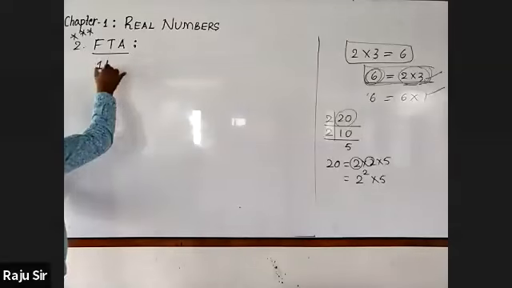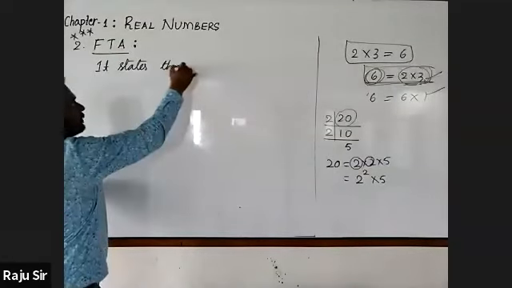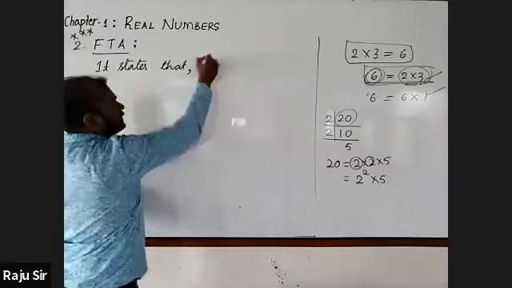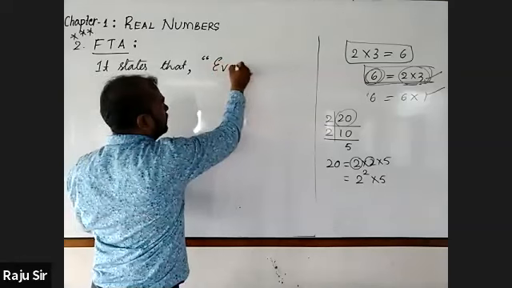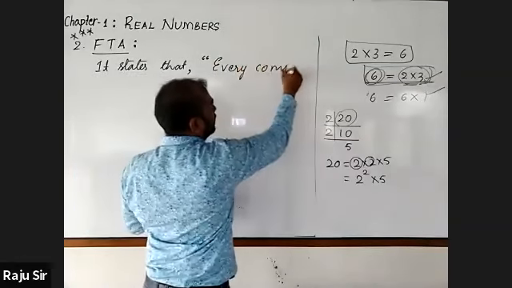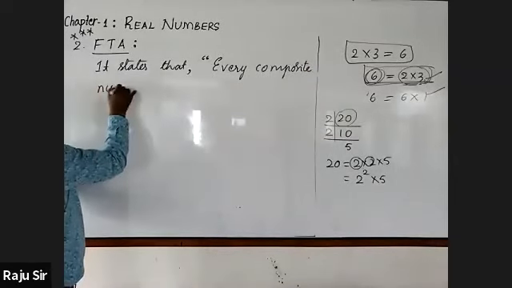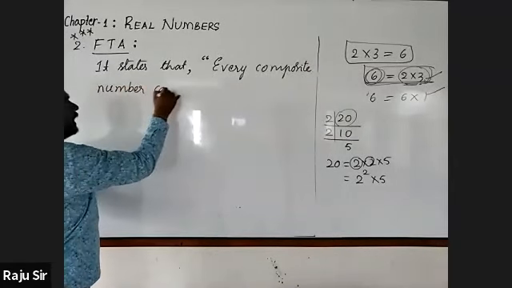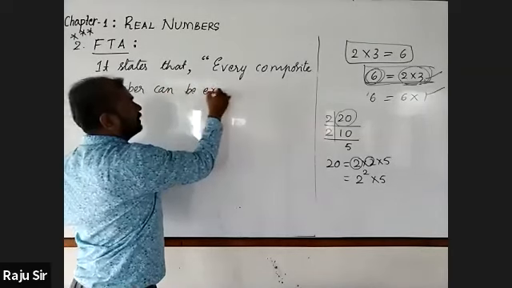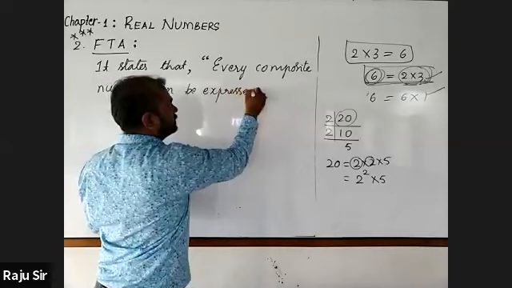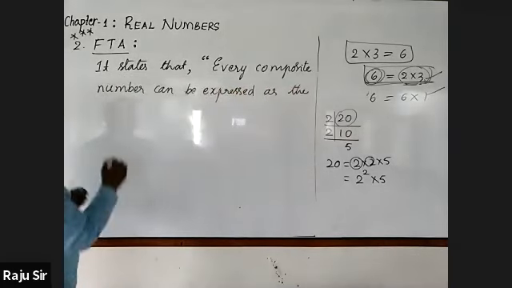It states that, put a comma, start with an inverted comma: every composite number can be expressed as the product of its prime factors.